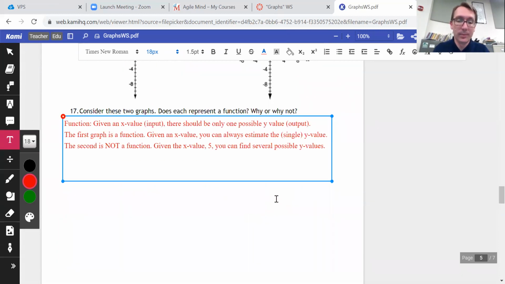Here's a fact that you should know. Vertical line test.